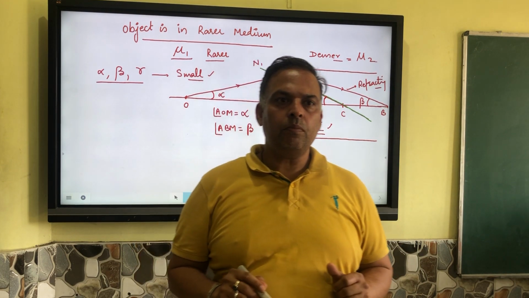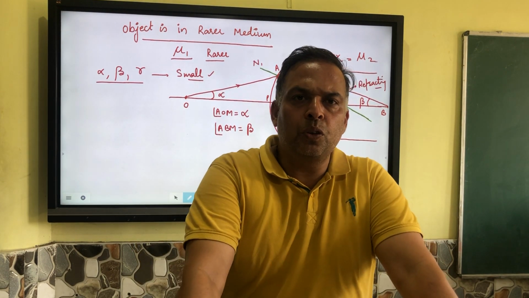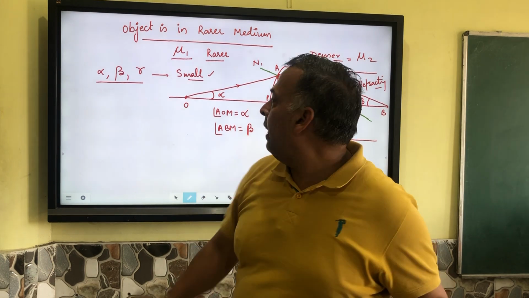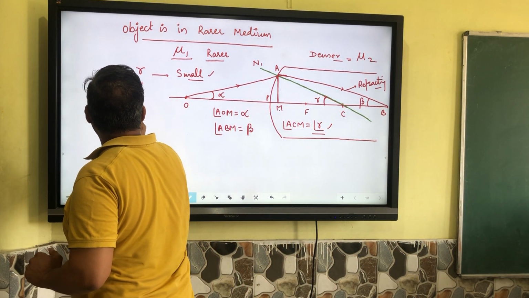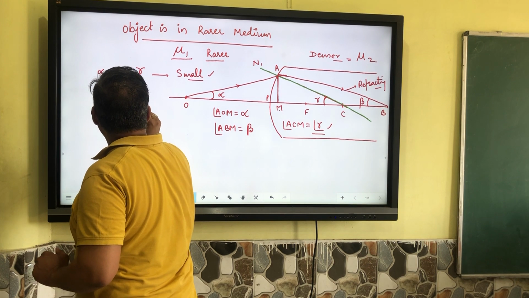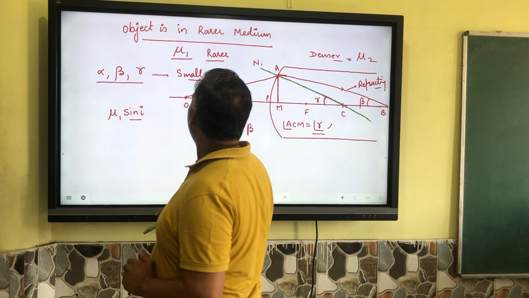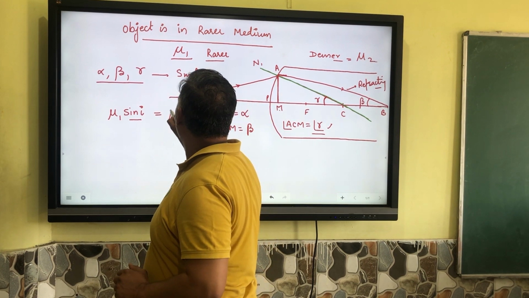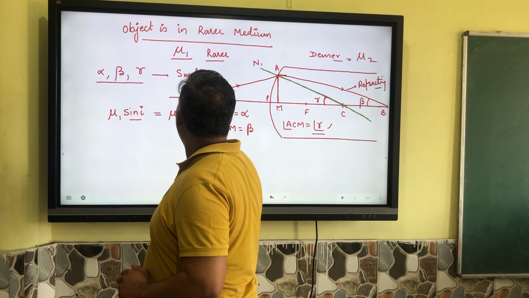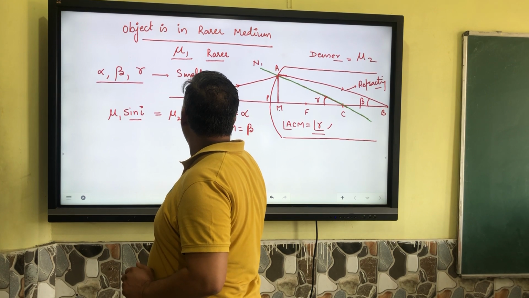Here, taking into account Snell's law, mu1 into sine i is equal to mu2 into sine r.